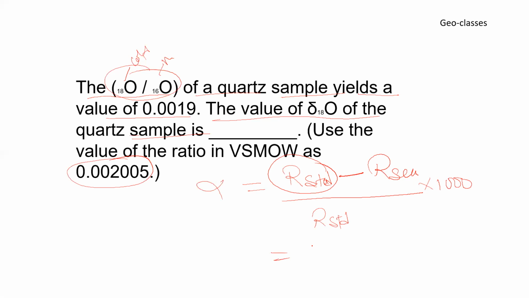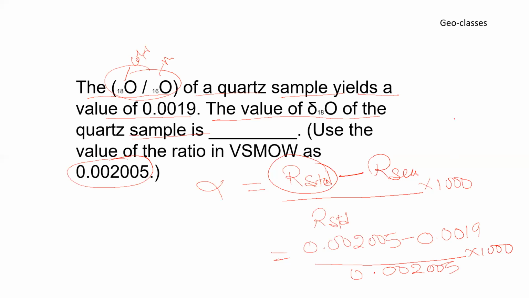We have to use this value, which is 0.002005, subtracted by the sample value, which is 0.0019, divided by R standard, which is 0.002005, multiplied by 1000.